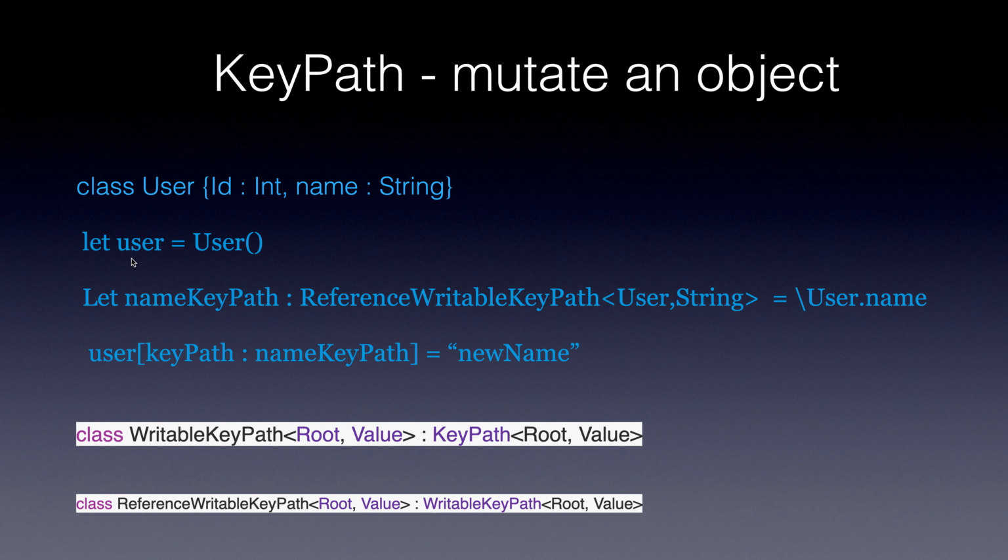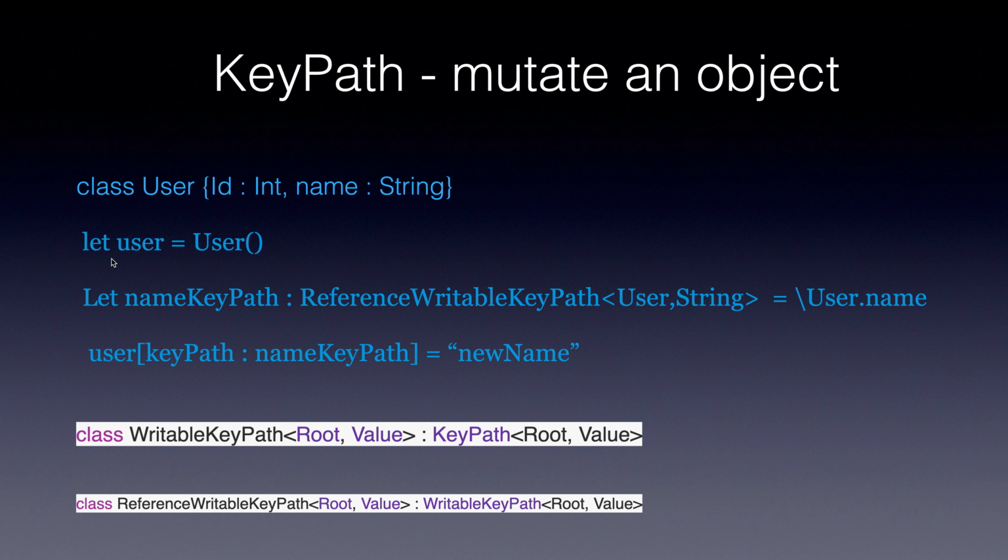If it is a structure, when the instance is created with the let keyword, that instance of the structure is immutable. So here it's created with the let keyword, but this is an instance of a class, so it is mutable.